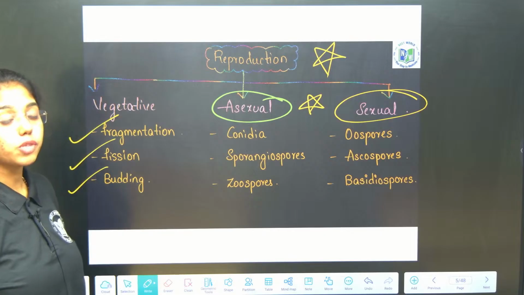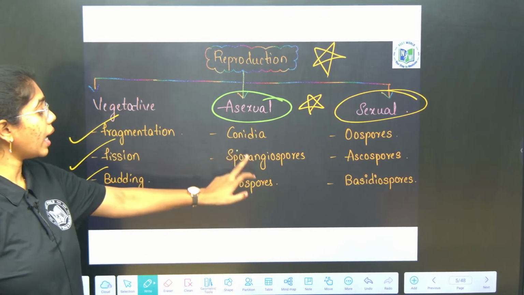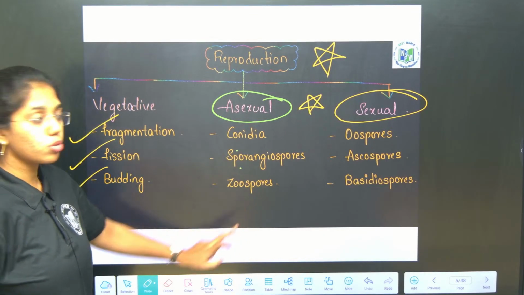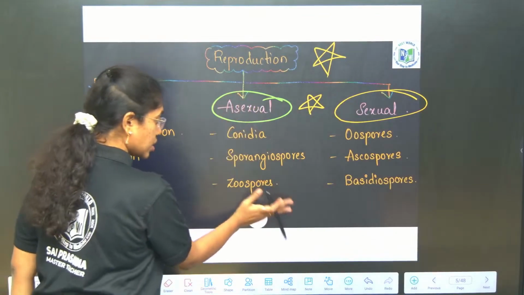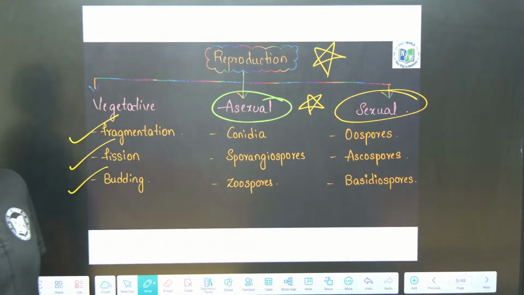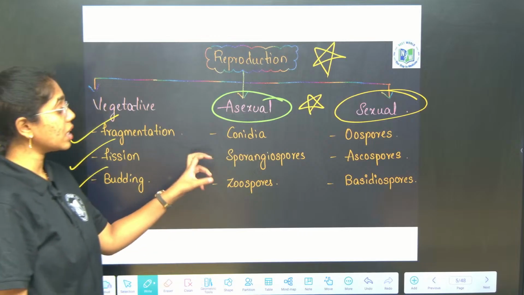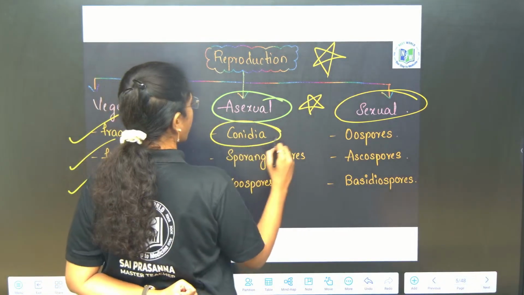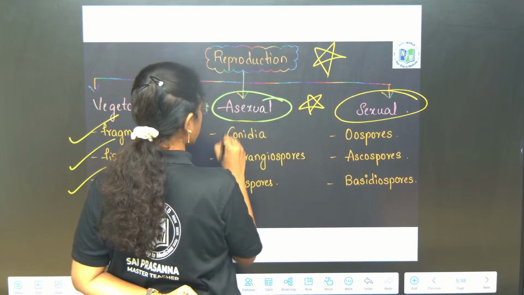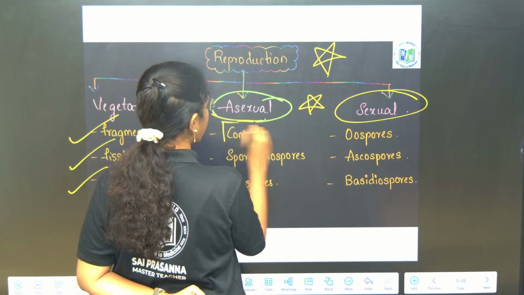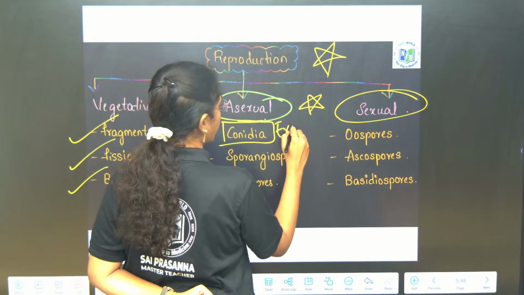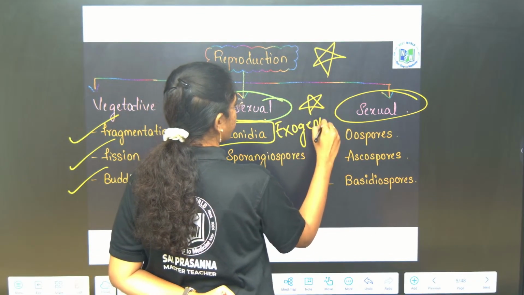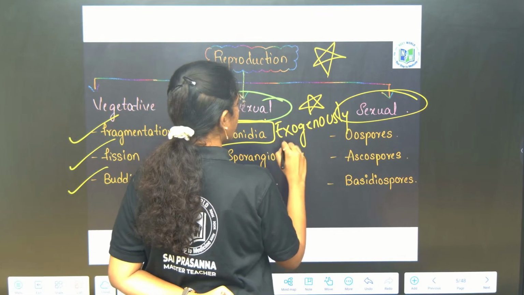Asexual reproduction is by asexual spores like conidia, sporangiospores and zoospores. Amongst these, which is the only exogenously released spore? Asexual spores, conidia, are exogenously produced.